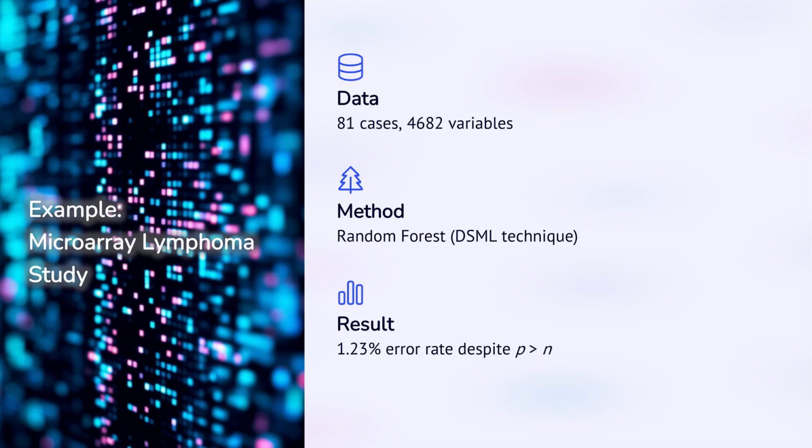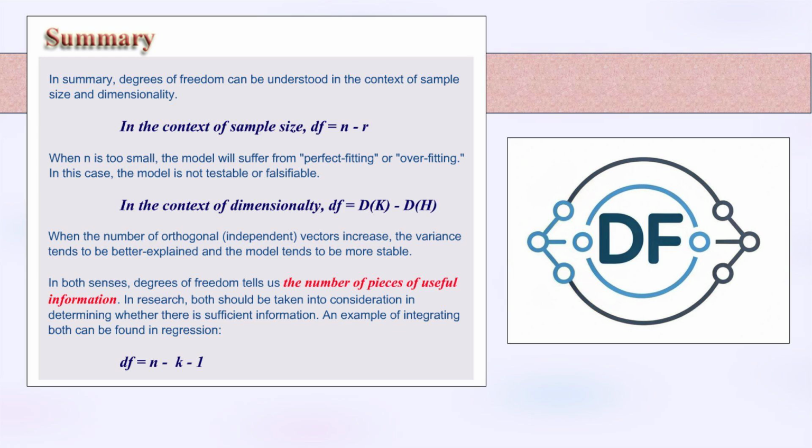For instance, in a study about detecting early microarray lymphoma, there are 81 cases and 4,682 variables. By using the random forest, one of the powerful DSML methods, the error rate of the model is just 1.23%. Although you can still calculate df using p and n, the importance of df has been diminishing since the dawn of DSML.